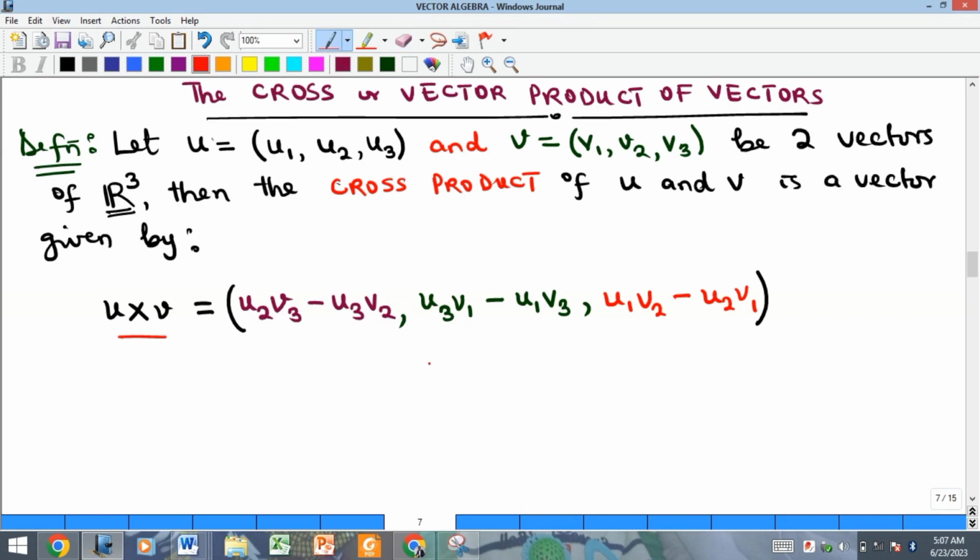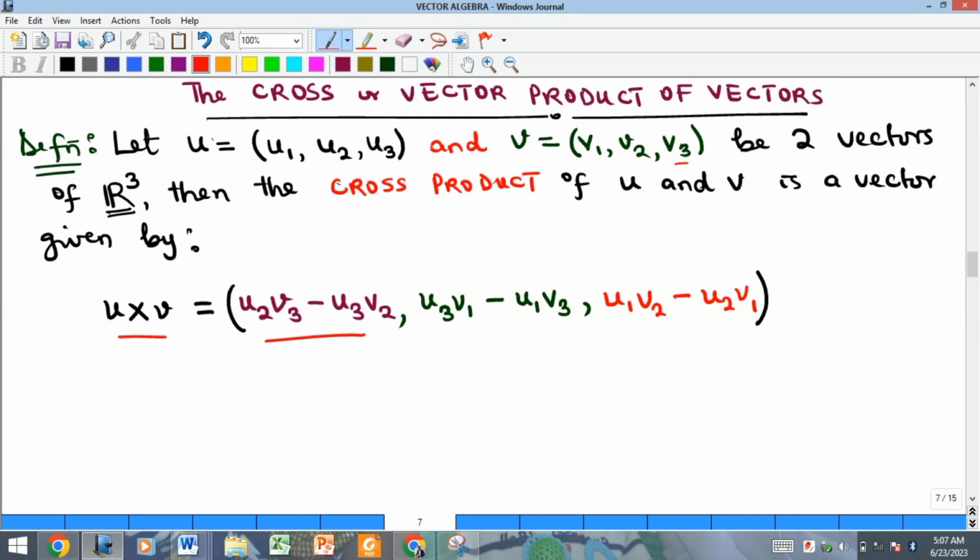You can see this is a vector represented in component form. The first component is u2 multiplying v3 minus u3 multiplying v2.